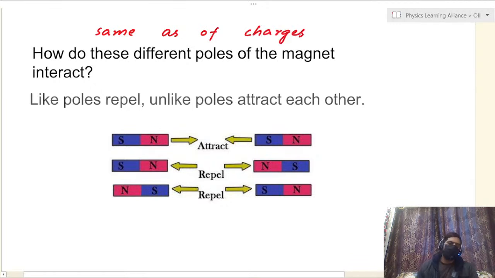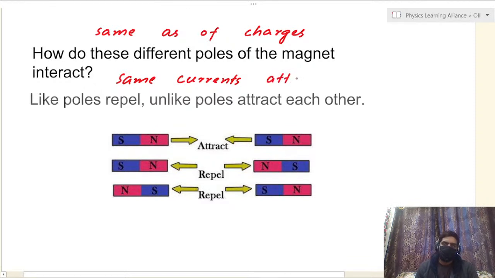And one thing you can consider from here is that for charges, same charges would repel, same magnetic poles will repel, but same currents, which is a fact that we use in upcoming topics as well, would attract.